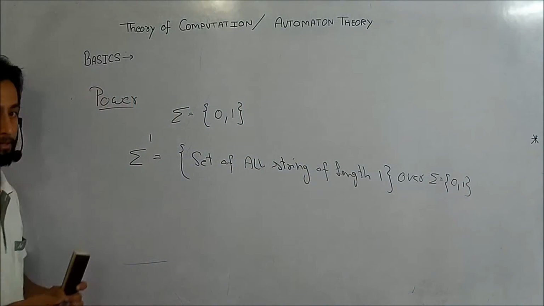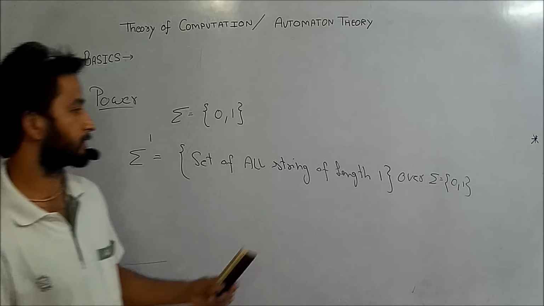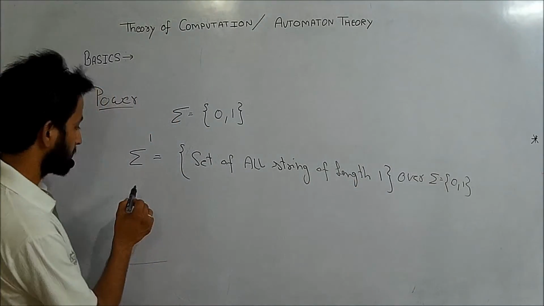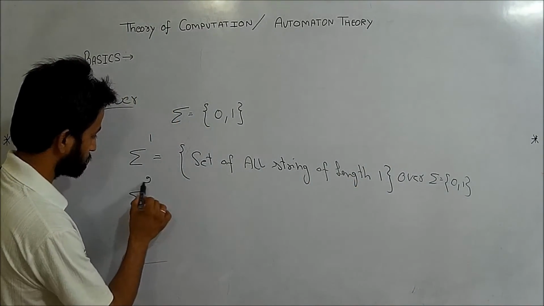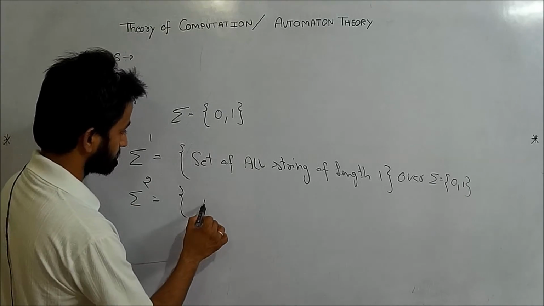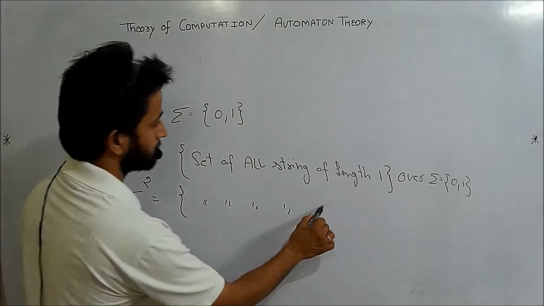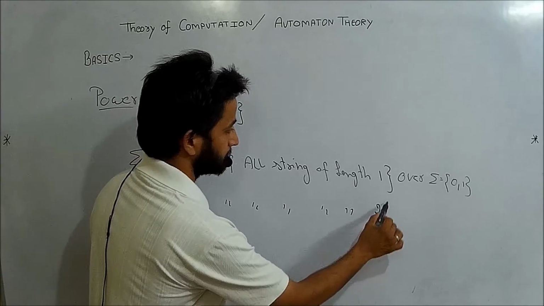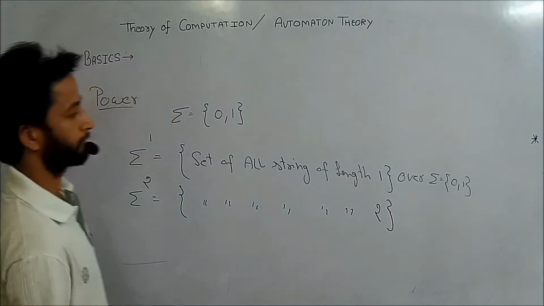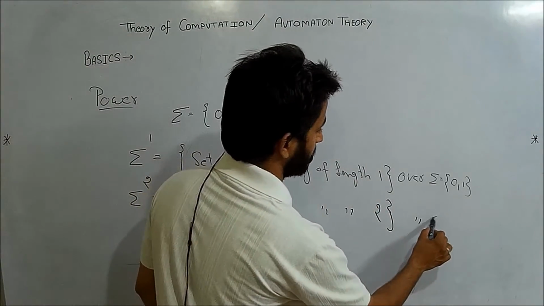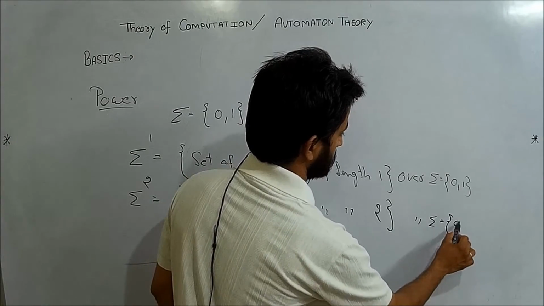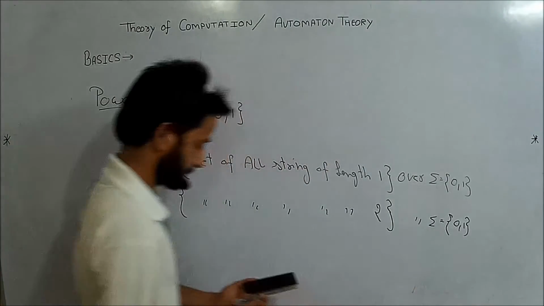Sigma 1 means the set of all possible strings of length 1, and if I have the case sigma 2, then it means the set of all strings of length 2 over the alphabet 0 and 1.